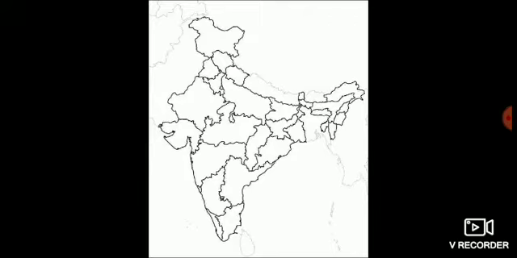N capital, NORTHERN, northern, and southern, SOUTHERN, northern and southern states, STATES, states of India. It's the name of the country, so I has to be in capital letter. INDIA, India. So write this, double underline it, okay?